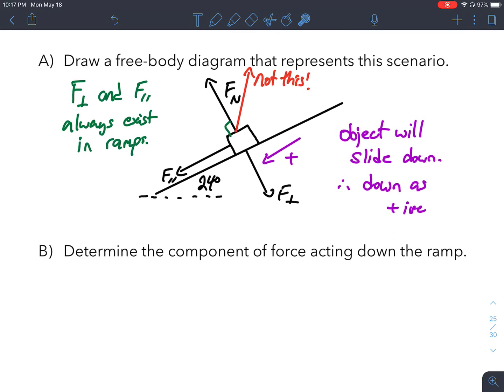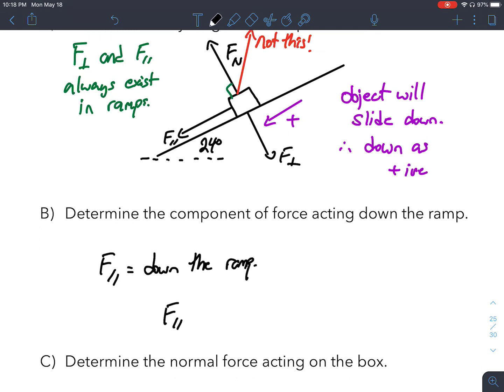Because if we want to figure out what component of force is acting down the ramp, that down the ramp component is going to be our F parallel. And our F parallel, we've memorized this already. This is mg sine theta.